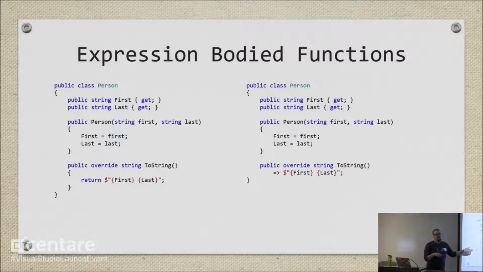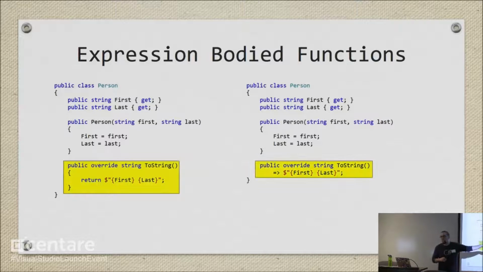That's been around forever. Now with C# 6, you can define that as an expression. So you can omit the return statement and the 2 curly braces, and 3 lines of code turn into, if I was to format this differently, 1 line of code. But for the purpose of showing it on the screen, I made it 2 lines. And that's, again, the lambda operator.